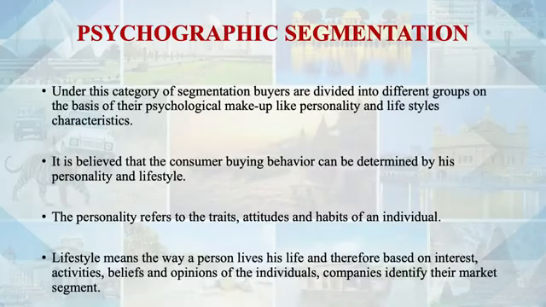For example, using personality as the base of segmentation, the target for an adventure sports related tourism product will be tough and strong people, or adventure seekers only. Lifestyle means the way a person lives his life, and therefore, based on the interests, activities, beliefs and opinions of the individual, companies identify their target market.